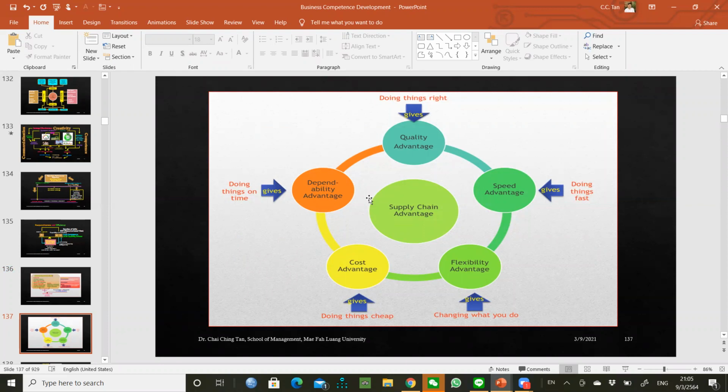So we will now go very quickly summarizing this slide, these lectures and coachings, maybe from the operations objective.